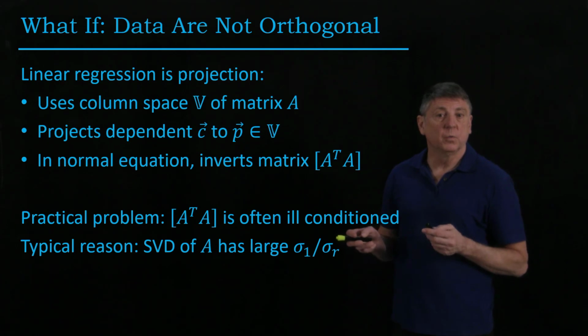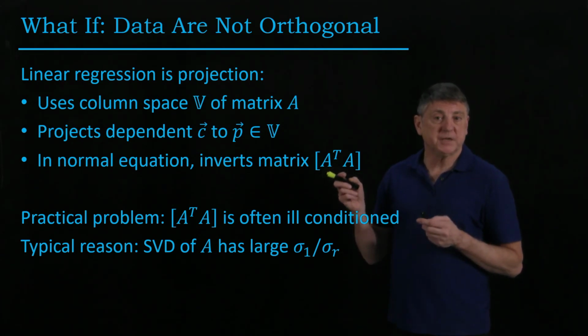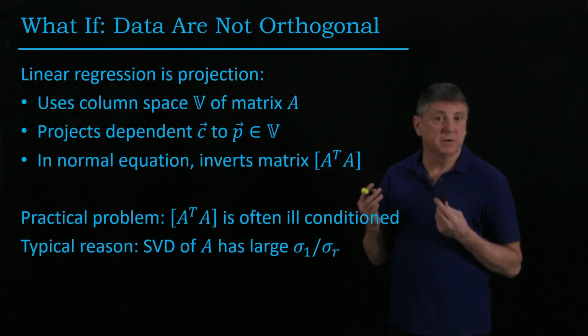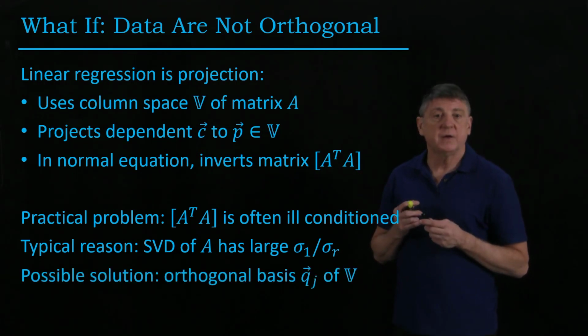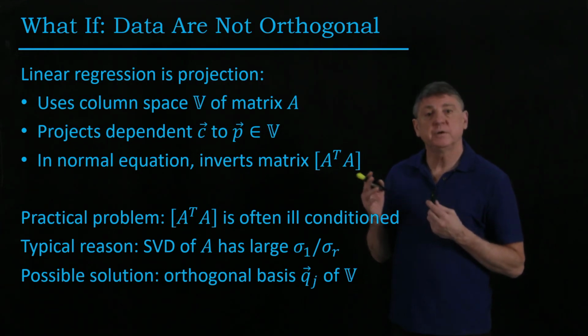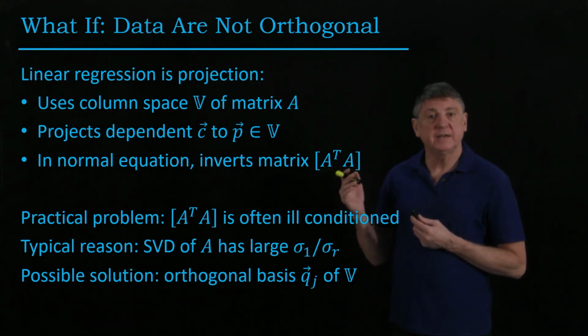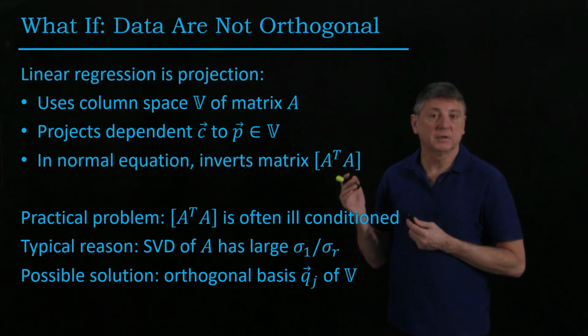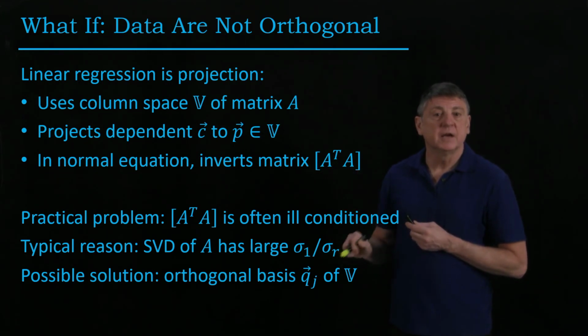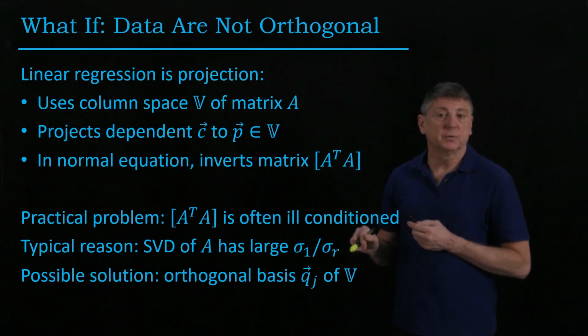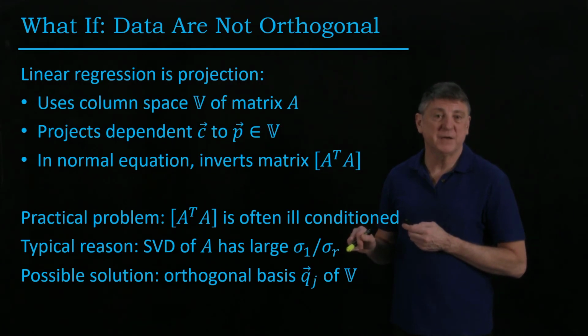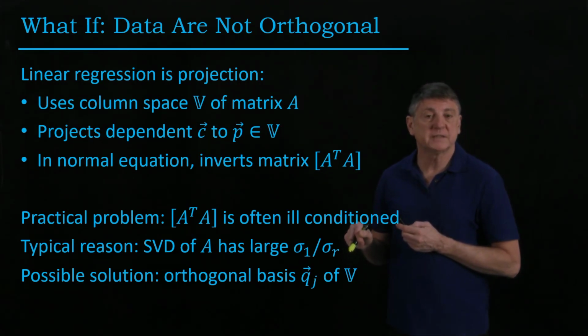And so when we have ill-conditioned data, this projection is numerically dubious. It can give us some quite erroneous results. One solution that we could have for data that are not orthogonal but are linearly independent is, can we compute an orthogonal basis, actually even better an orthonormal basis, of the column space of the matrix that we're given?